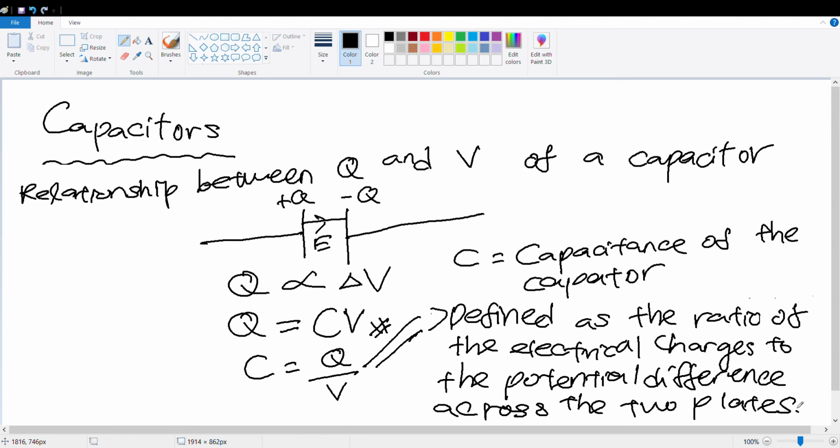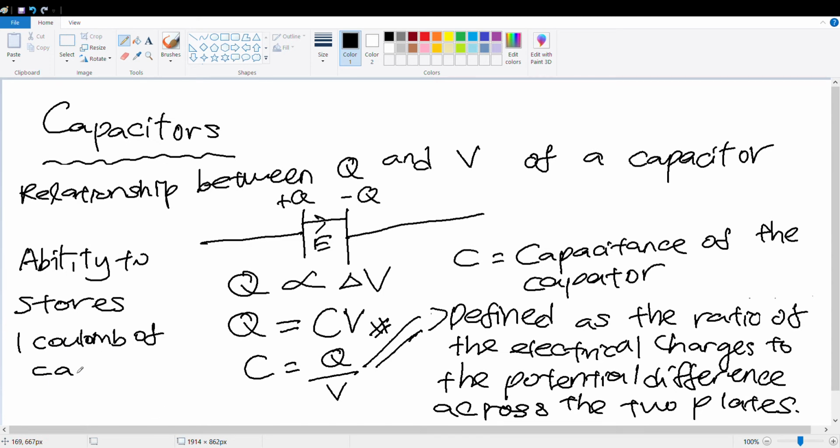So I repeat again. The capacitance is the ability of the capacitor to store one coulomb of charge, to be more specific, per unit voltage.